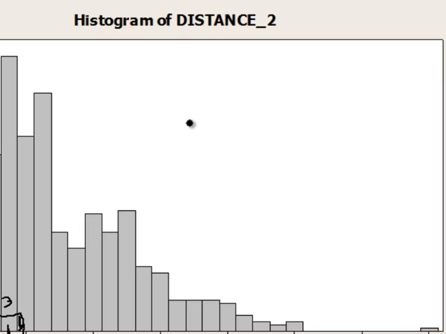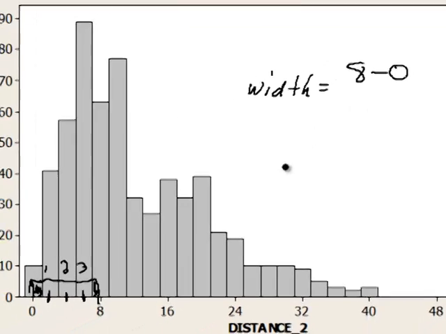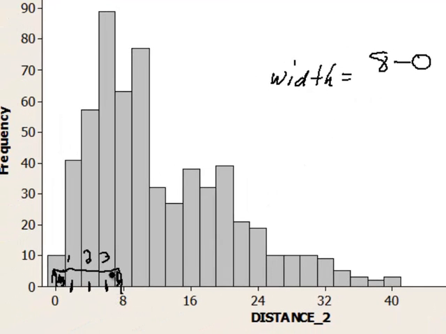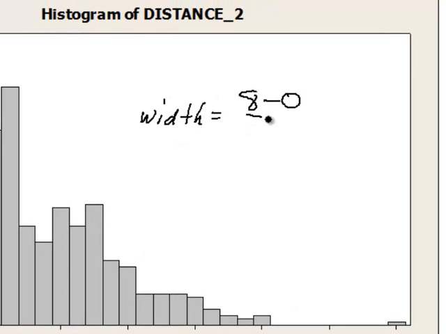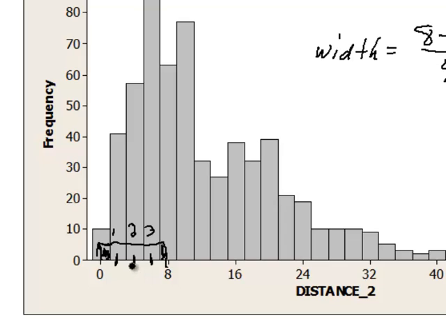So to determine the class width, we would take that value of 8, subtract 0, that gives us this distance, which of course is 8, and then we divide it by the number of bins, which is 4. So 8 divided by 4 is 2. So the width of each bin is 2.